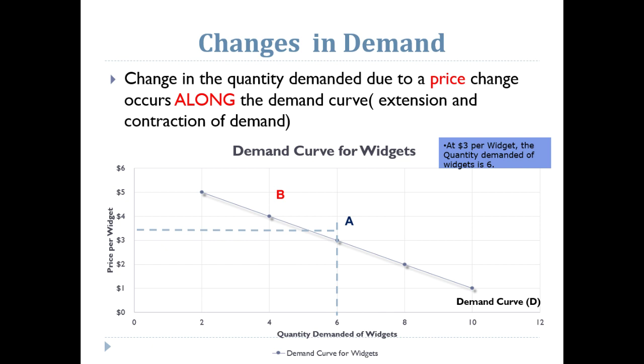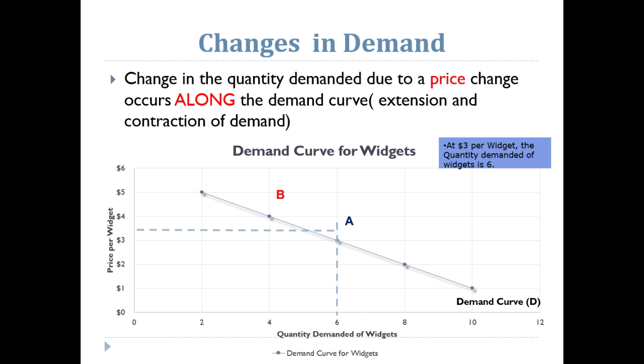When the price reduced from $3 to $2, what happened? The demand increased from 6 to 8 quantity, right? That is downward.